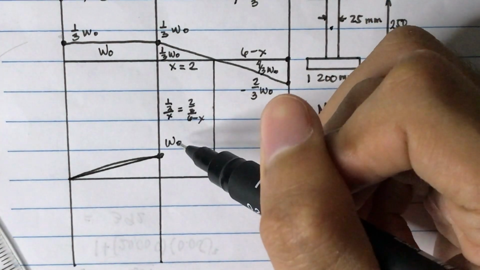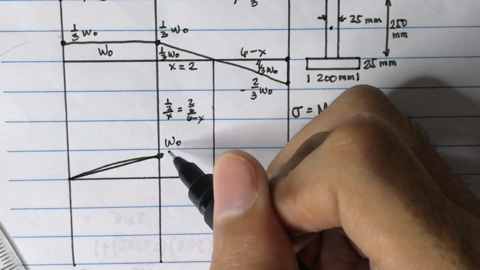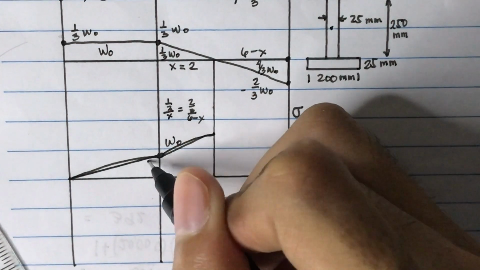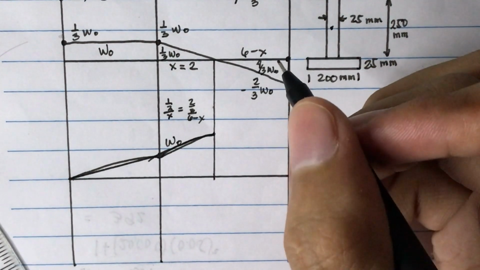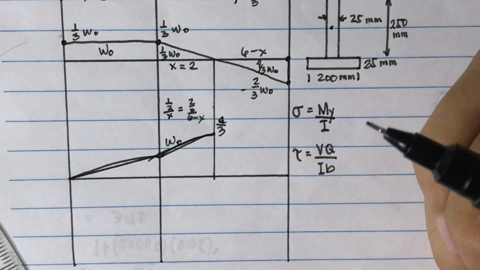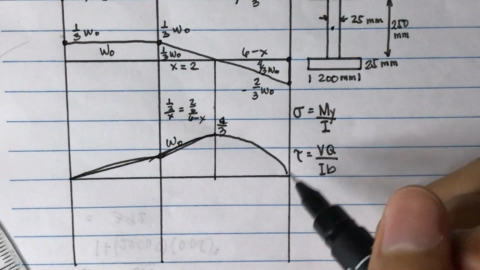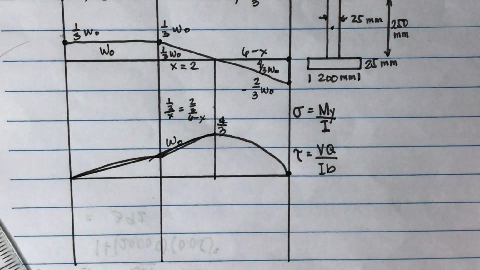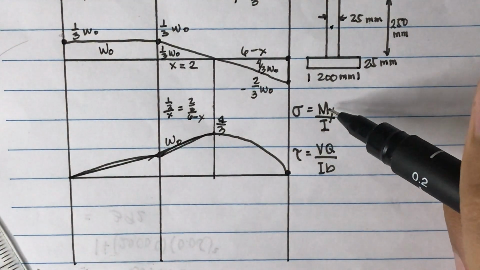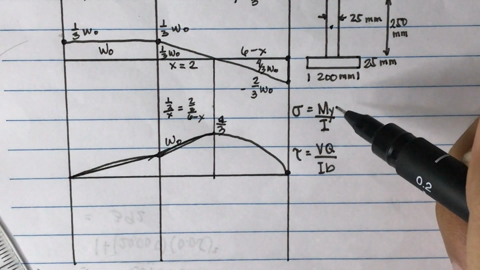So WO plus 1/3, which is a second degree curve, 1/3 and 4/3, then 4/3 minus 4/3, so it closes. So the value of M is 4/3.